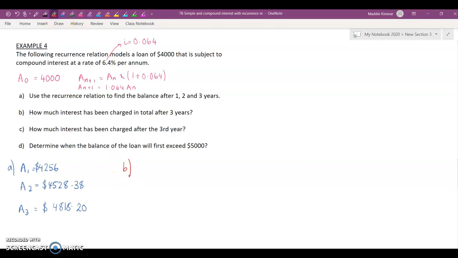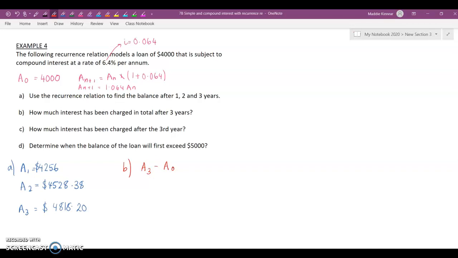So to work out part B, how much interest has been charged in total: these are the total amounts, and we want the interest that's been charged. We do A3 minus the principal A0, because we need to remove the principal to find out how much has come from the interest.